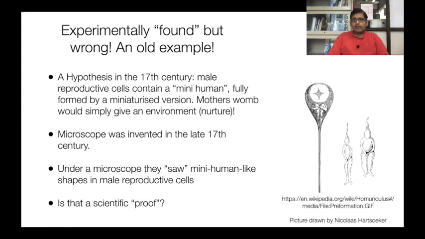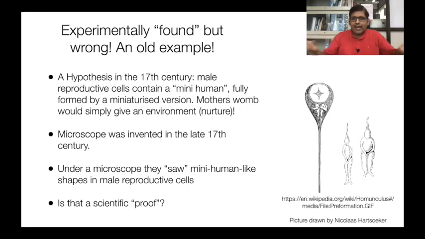So they actually wanted to test this hypothesis. Around that time they invented the microscope, so they looked at sperm cells and reproductive cells under a microscope. And under a microscope, they actually saw, or they claimed that they saw, a human face inside the sperm, it seems.